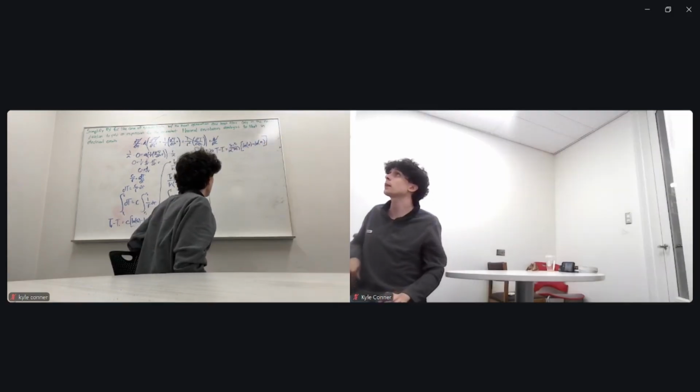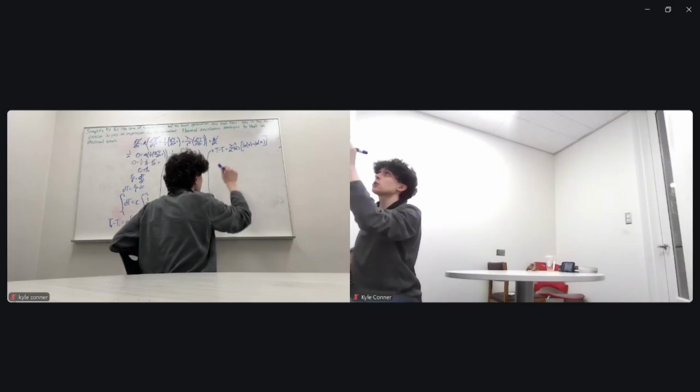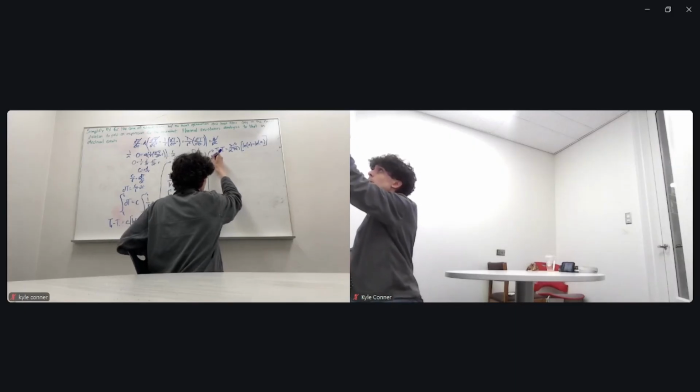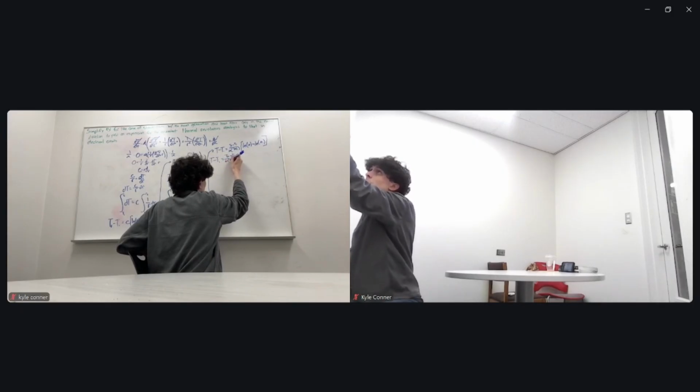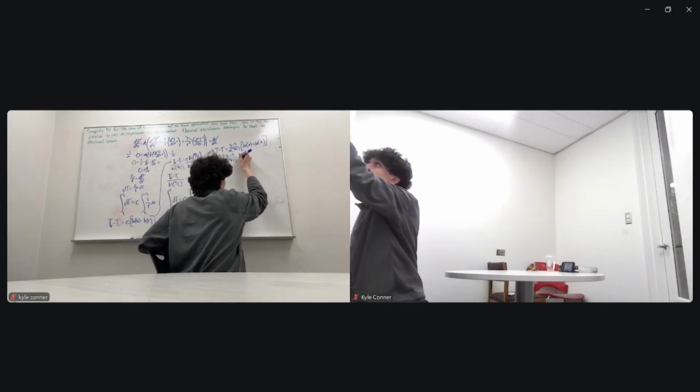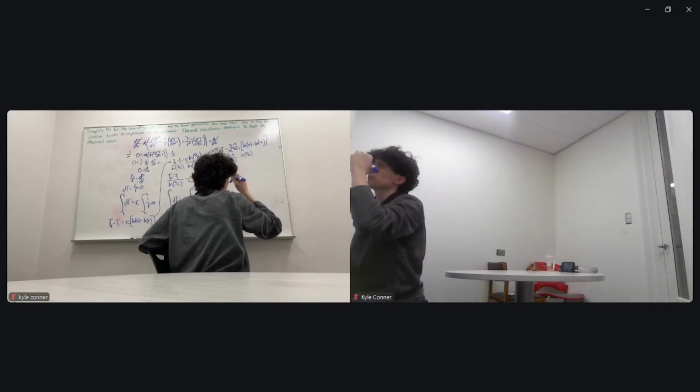So now we can use our natural log rules again as well. Temperature minus temperature initial, temperature final minus temperature initial, our natural log of R final over R initial, and then we'll have natural log of R over R initial, excuse me.